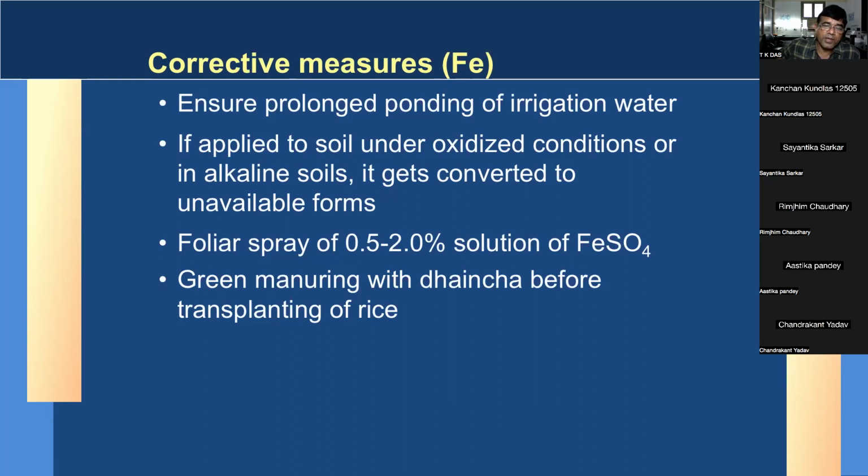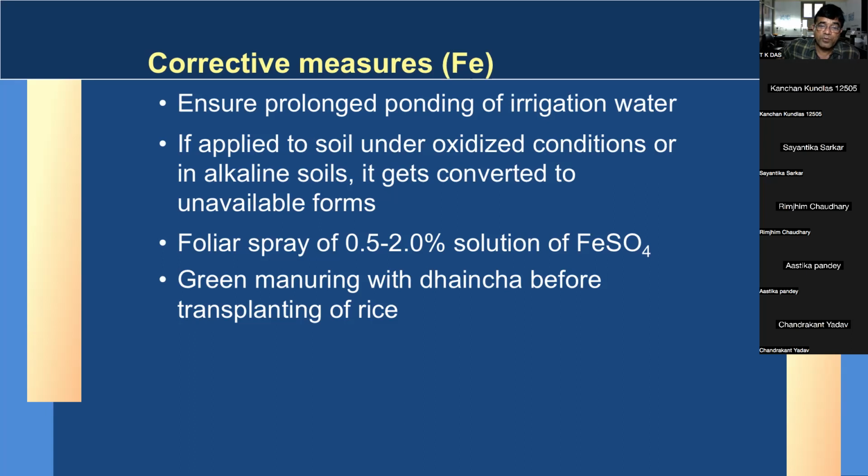When your plants are young, at the initial seedling stage, if you have deficiency symptoms, go for 0.5% solution. If your plants are growing and have accumulated some dry matter, then they can tolerate higher levels of ferrous sulfate. At tillering or the later part of the tillering stage, you can go for 2% solution of ferrous sulfate. It will be acceptable to rice.